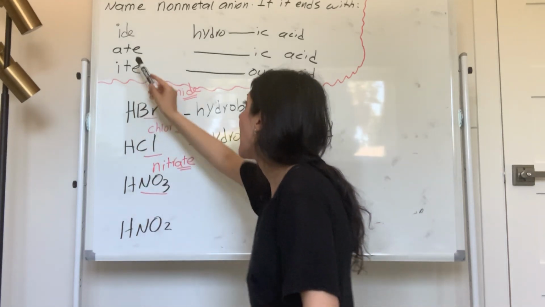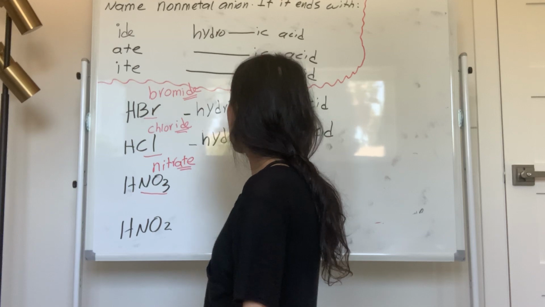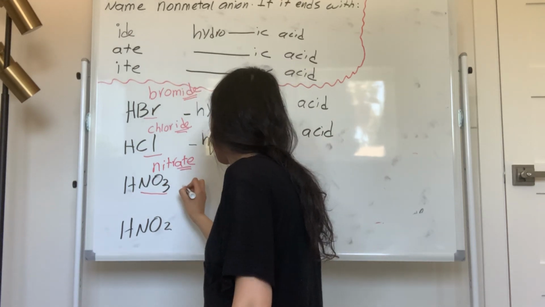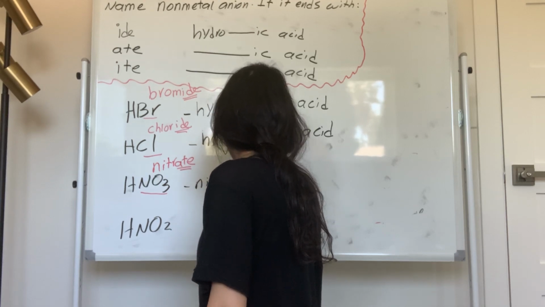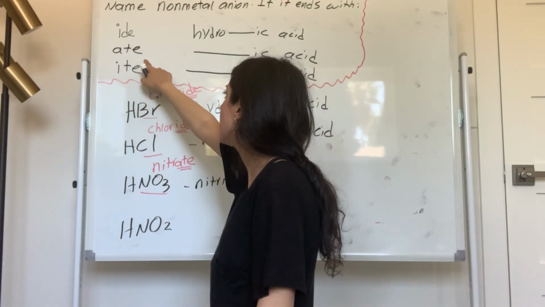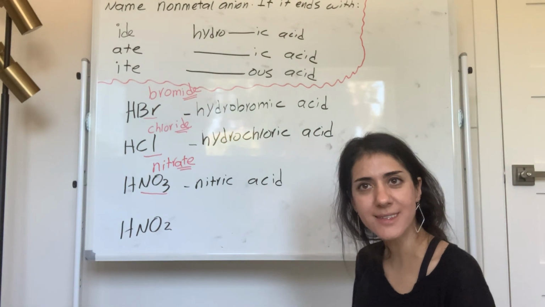If I end with ate, there is no hydro. If I end with ate, I become ic acid. So nitrate becomes nitric acid. Again, because I ended with ate, if you end with ate, you just become ic acid. So this will be nitric acid.